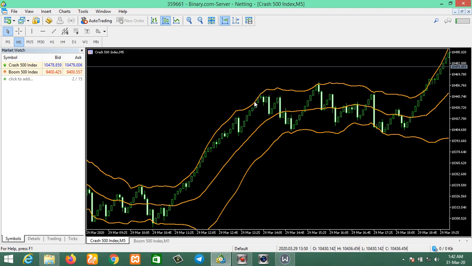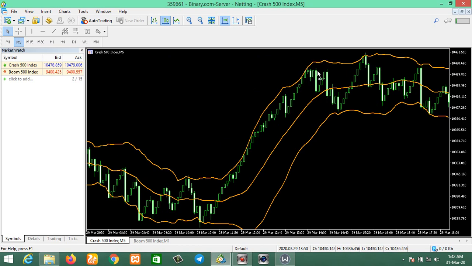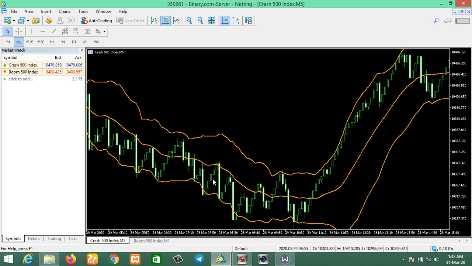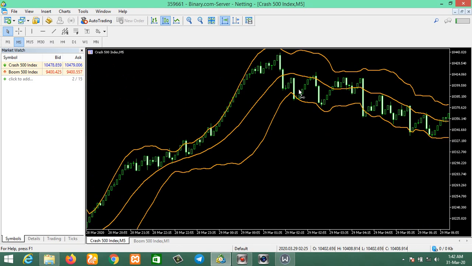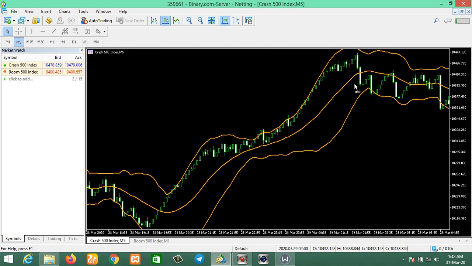That's where you start selling from. Some might say when it touches the lower limit of the Bollinger Band, you start buying, that it will start going up. But at some point it will touch the upper limit or the lower limit, and it will keep going for a very long time.